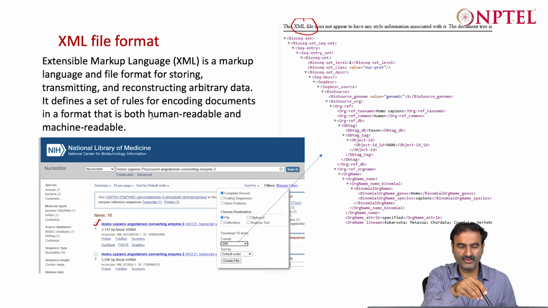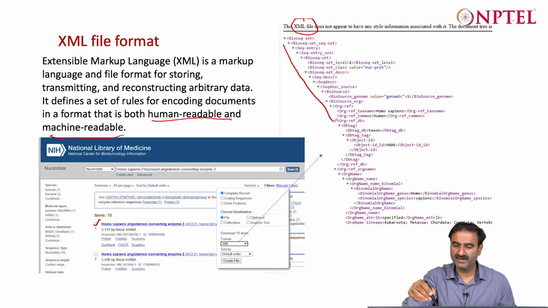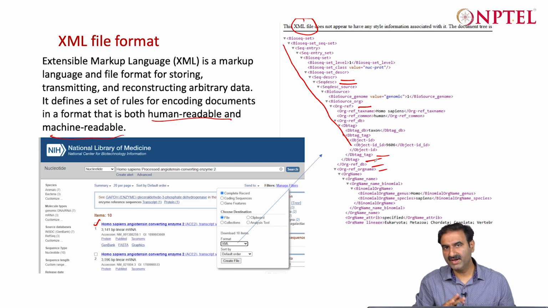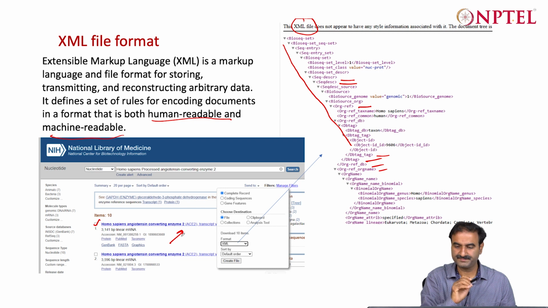So it is both human readable and machine readable. It will be like you are arranging things in the form of tags like bioseq, and you can define the tags, sometimes information may be there, sometimes information may not be there for that tag, right. So basically it will give complete information about whatever is available for that in the database.